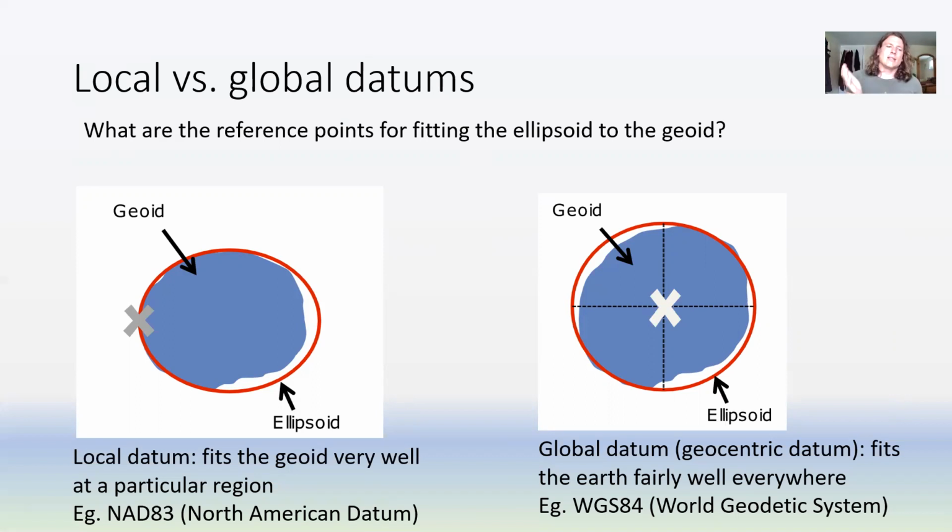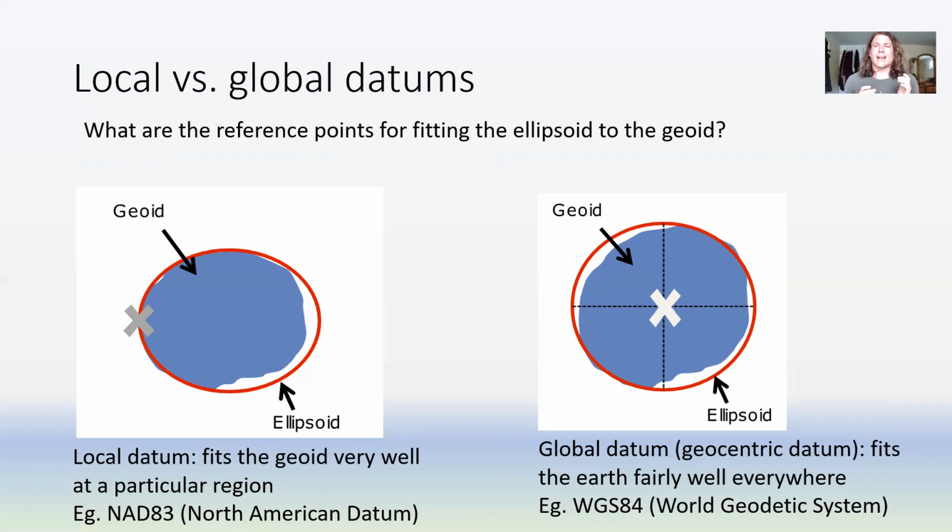The other option is a local geoid, or a local datum. And so this fits the geoid very well in a particular region. And this method is used for local scale and continental scale map projection. So for instance, an example would be the North American datum, which was initially created in 1983. That's a common one that we'll work with.